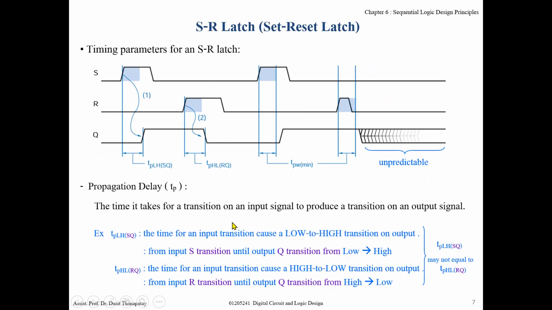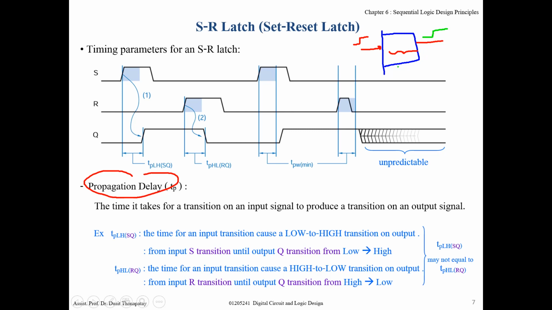Some timing parameters that you should know about latch. The first one is propagation delay. Propagation delay is the time it takes for a transition on the input signal to produce a transition on the output signal. Maybe this one is the circuit, some system, and when input changes, then after the propagation delay, you can observe the change at the output.